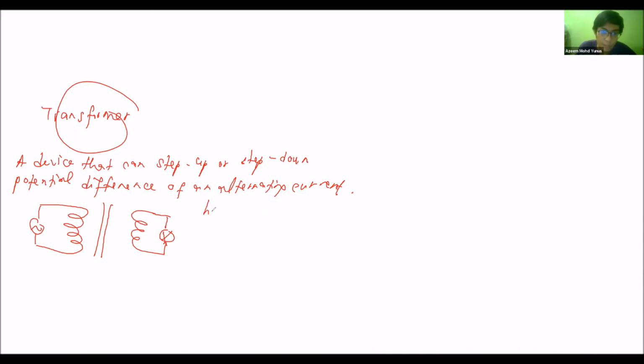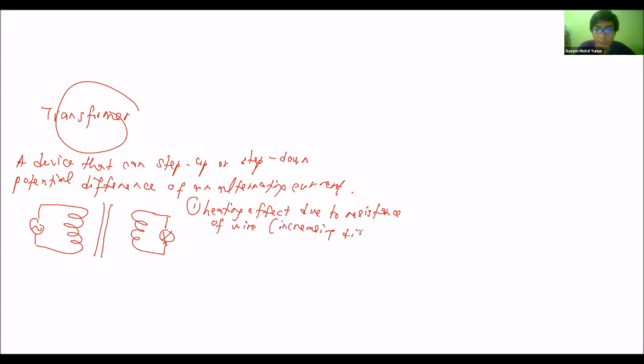So number one, the heating effect due to the resistance of the wire. How are we going to overcome it? We can overcome it by increasing the diameter.